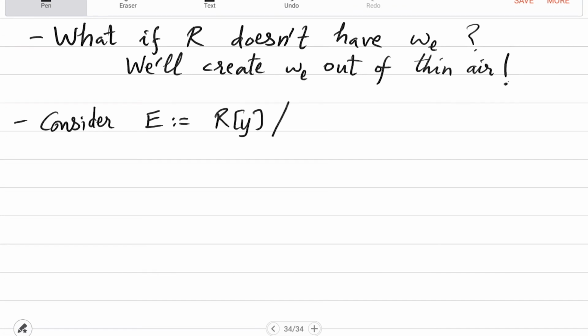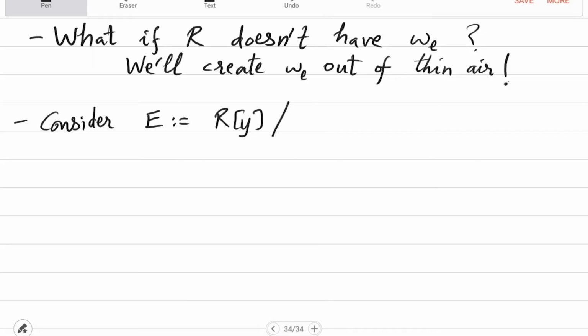So R[y] modulo what? So we have gone to the polynomial ring of R, R[y]. You have to quotient out by something so that this omega gets created. The irreducible polynomial. So first choice could have been y to the L minus 1. Is that correct?